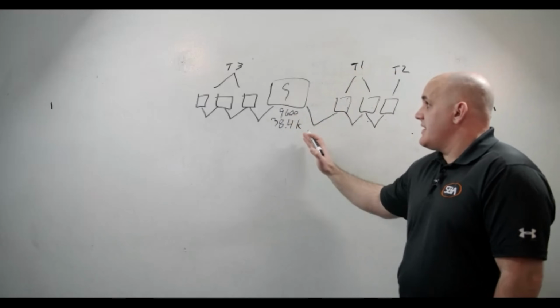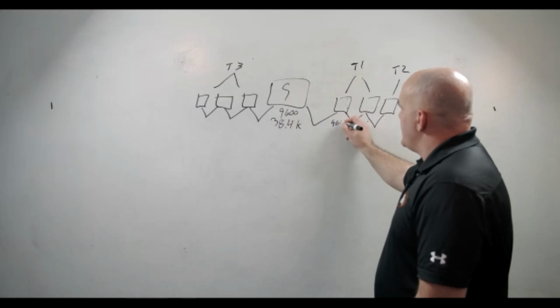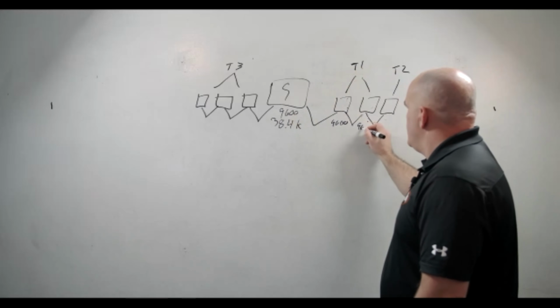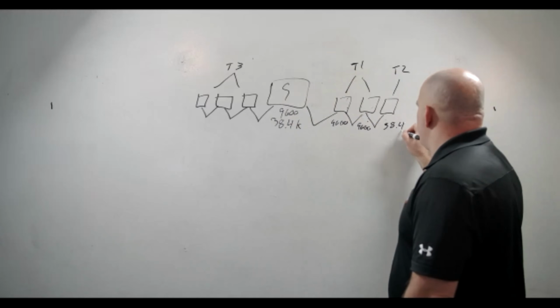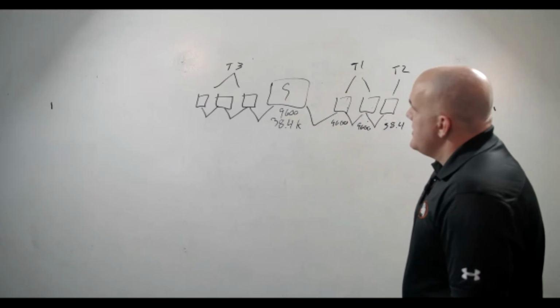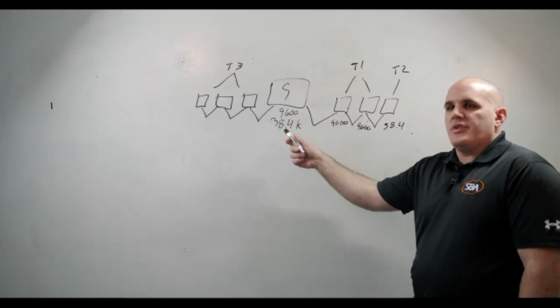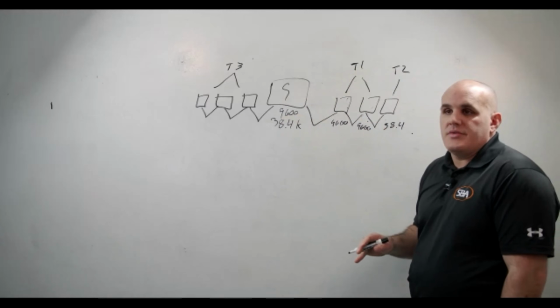So if everything is 9600 but you have one device that is 38.4, and the server itself is 9600, then you're probably going to have pretty reliable communication, except for that device that is going to intermittently go down and up.